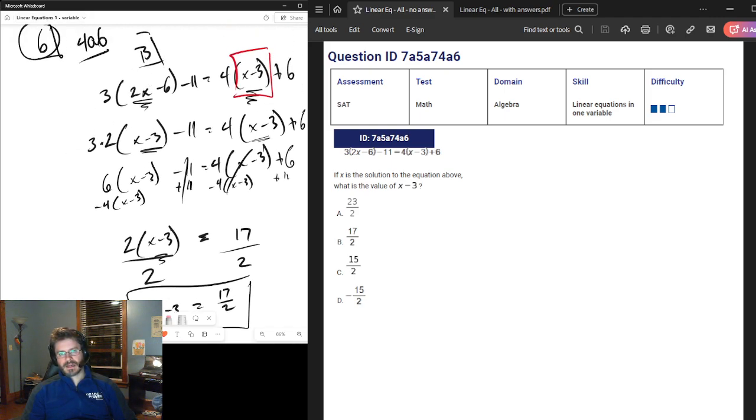A trick that I have taught kids in the past is if I see a term repeated like this, and this is what I'm solving for, at this earlier step, what we could have done, if we really wanted to, is we could replace this with a single term like A, and just have like 3 times 2A equals 4A. Just replace all of these things with A, and just have one variable there if that's easier to think about.